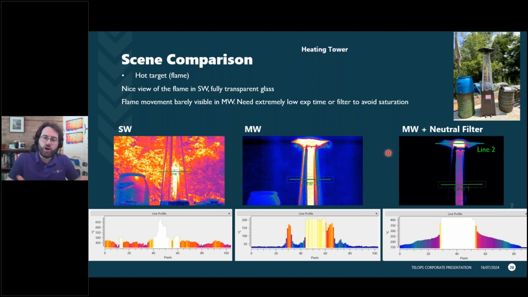So it's a very hot target where we can play around with the filters in midwave, where you have the possibility to get those warm targets. But the shortwave will tell you a direct measurement without blocking the background for your hot target.